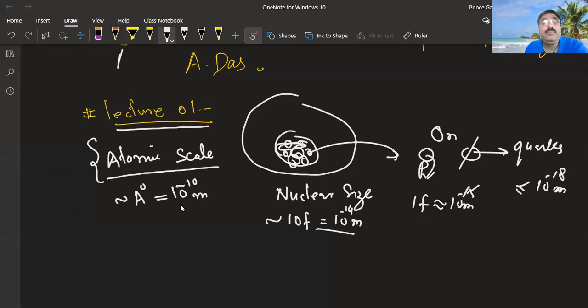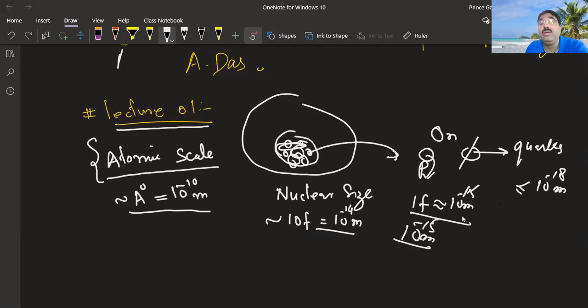So we have atoms, जिनका scale होता है 10 to the power minus 10 meter length scale. Nuclear scale is of the order of tens of Fermi, which is around 10 to the power minus 14 meter of length scale. The protons and the neutrons have a classical length scale of 10 to the power minus 15 meters, 10 orders less in magnitude than the nucleus.